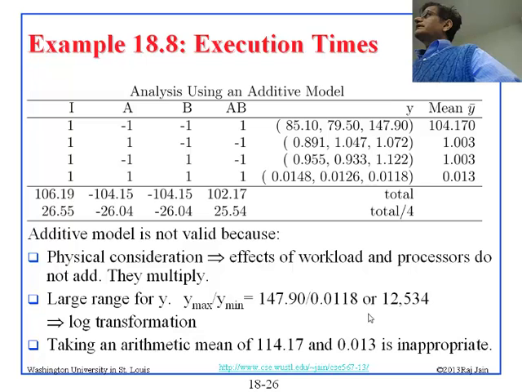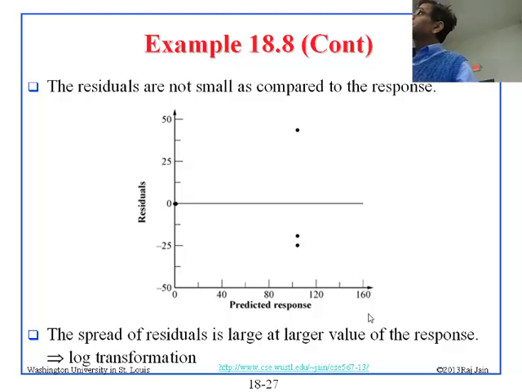So basically this is the giveaway, that you don't want to add up numbers which are so different. And if you did use that model, this is where your test will fail, because now you do the predicted response versus residual. The scale here is 160, the scale here is 50 to minus 50, 100. Right?